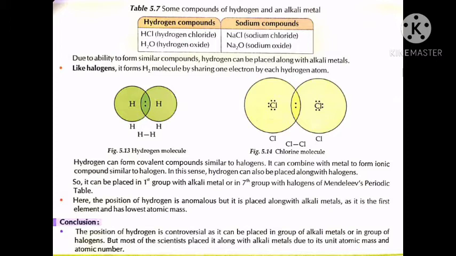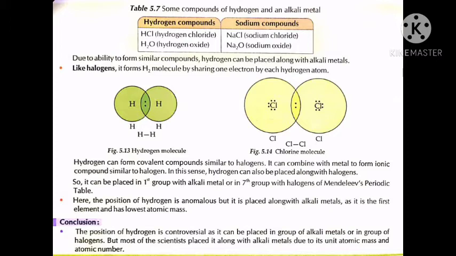Look at the diagram. It shows the sharing of electrons between two hydrogen atoms and between two chlorine atoms. Hydrogen can form covalent compounds similar to halogens. It can combine with metals to form ionic compounds, similar to halogens. In this sense, hydrogen can also be placed along with halogens.